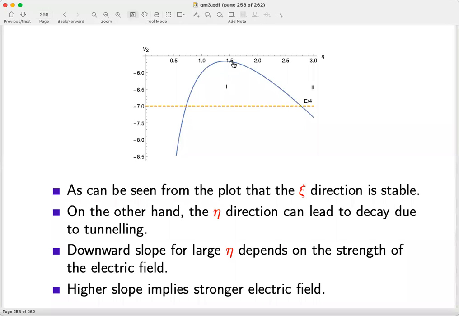If the electric field is strong, this will fall off faster, and then this barrier will start shrinking. So the slope of this downward line is higher for a stronger electric field, and as you turn on a stronger and stronger electric field, the tunneling probability starts increasing. So that is how this problem would be set up.